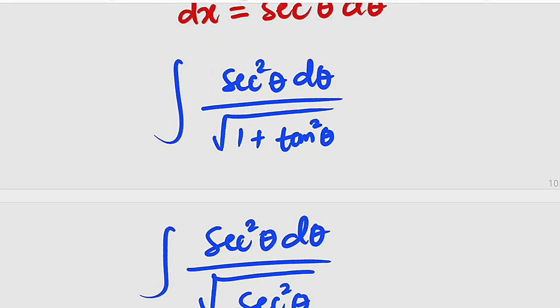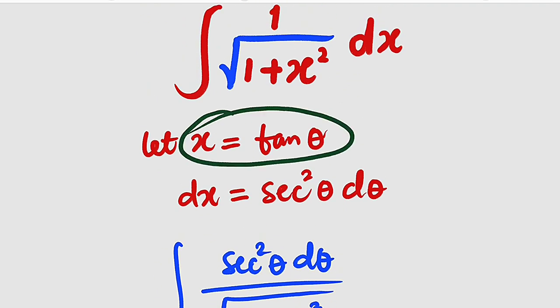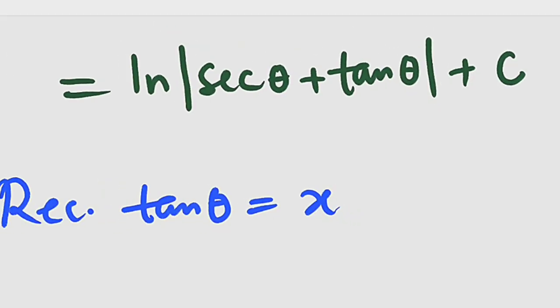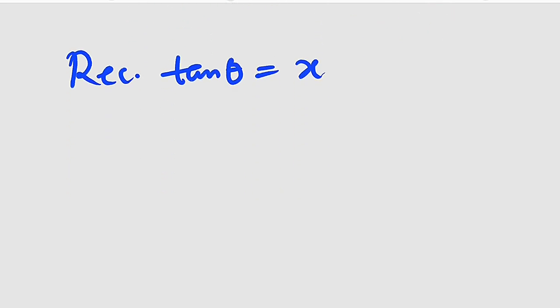From this equation here, we let x be equal to tangent theta. So wherever we have tangent theta, we are going to replace it with x. So we can replace this with x, but what about secant theta? Let us form a right angle triangle here, where this is our theta.